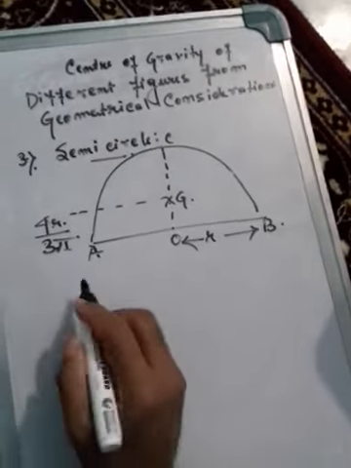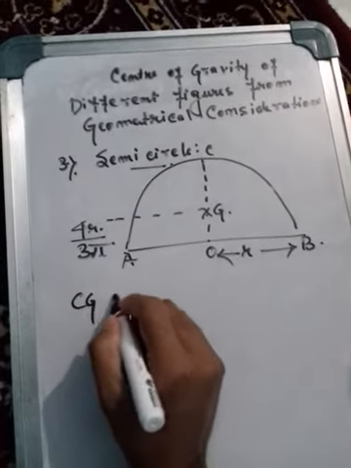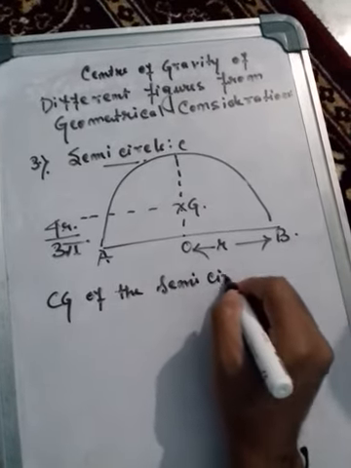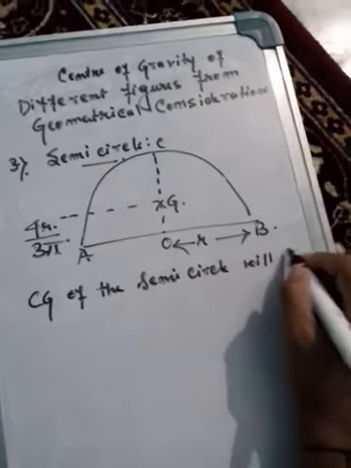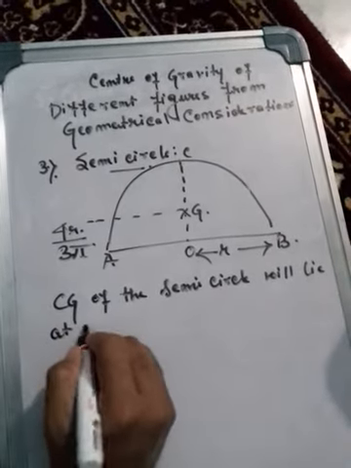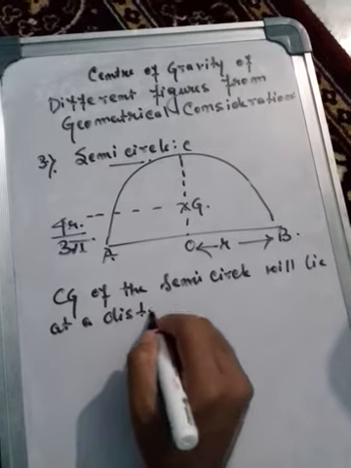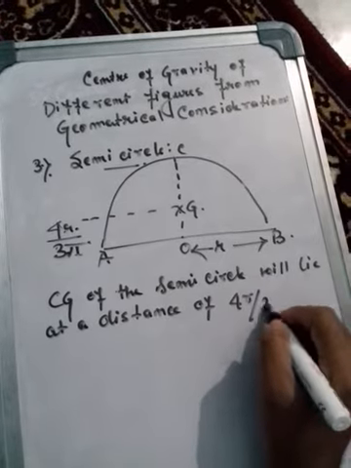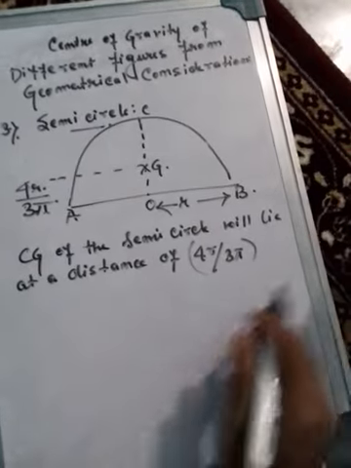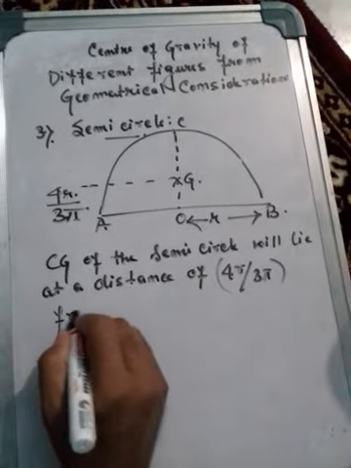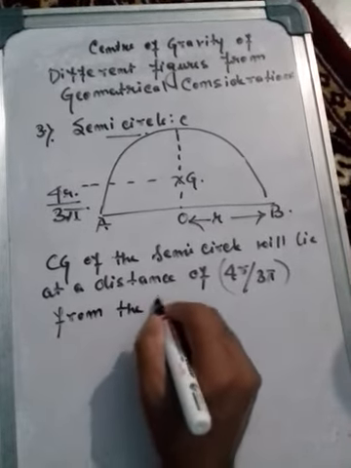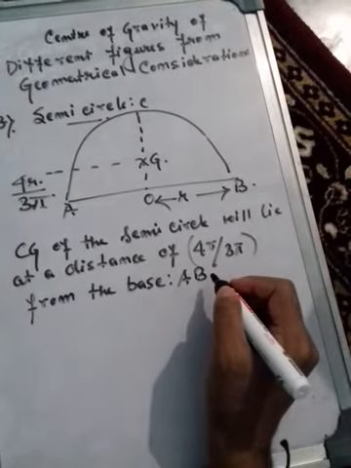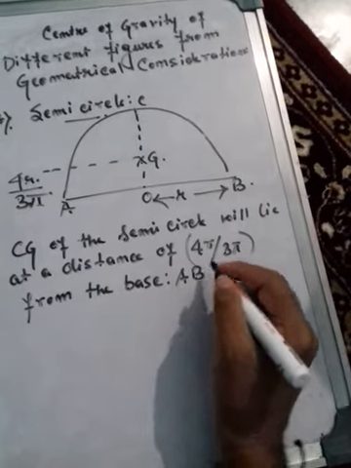Okay. Now write down one line: CG of the semicircle will lie at a distance of 4r by 3 pi from the base, that is AB, measured along the vertical radius.